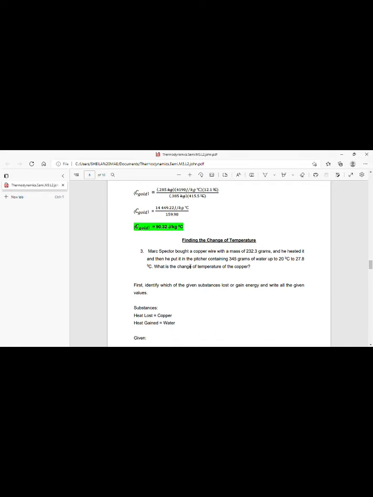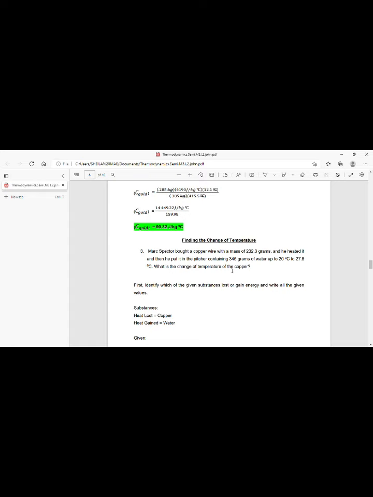Marx Victor bought a copper wire with a mass of 232.3 grams and he heated it, and then he poured it in the pitcher containing 345 grams of water, raising it from 20 degrees Celsius to 27.8 degrees Celsius. What is the change of temperature of the copper?